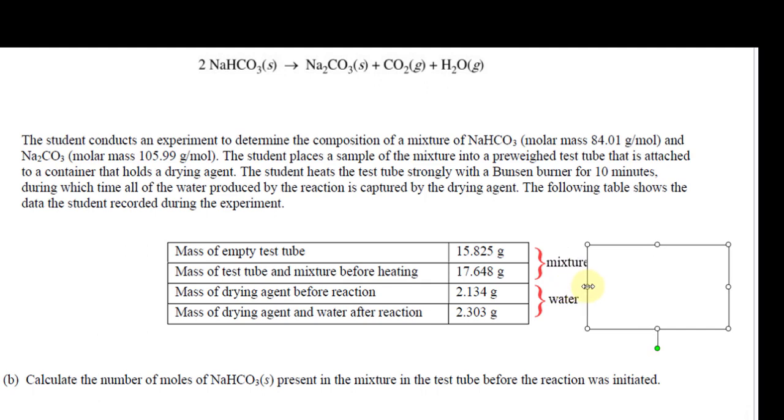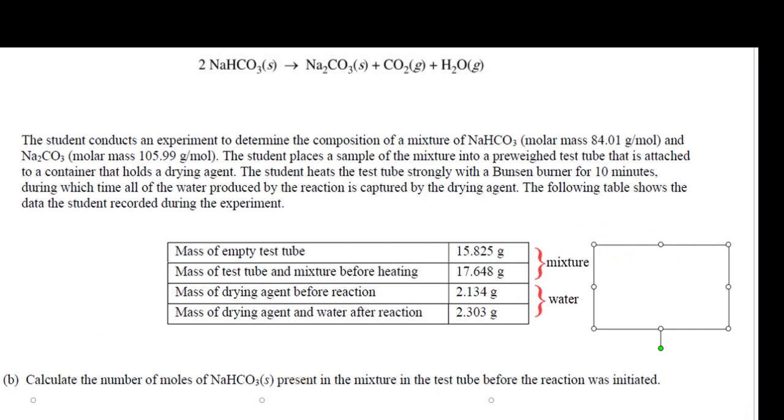The first row, test tube, and mixture. So the difference between these two is the mixture that they're talking about. These 2 rows, drying agent, and water. Okay, after the reaction. So this gives us the water. So we now have the water and the mixture, simple by a subtraction.